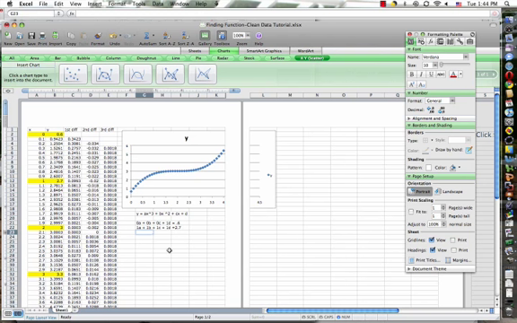Next, we're going to substitute in the 2 for the x. 2 cubed is 8, so we have 8a plus 2 squared is 4, so 4b plus 2c plus 1d equals, and this time our y is 3.